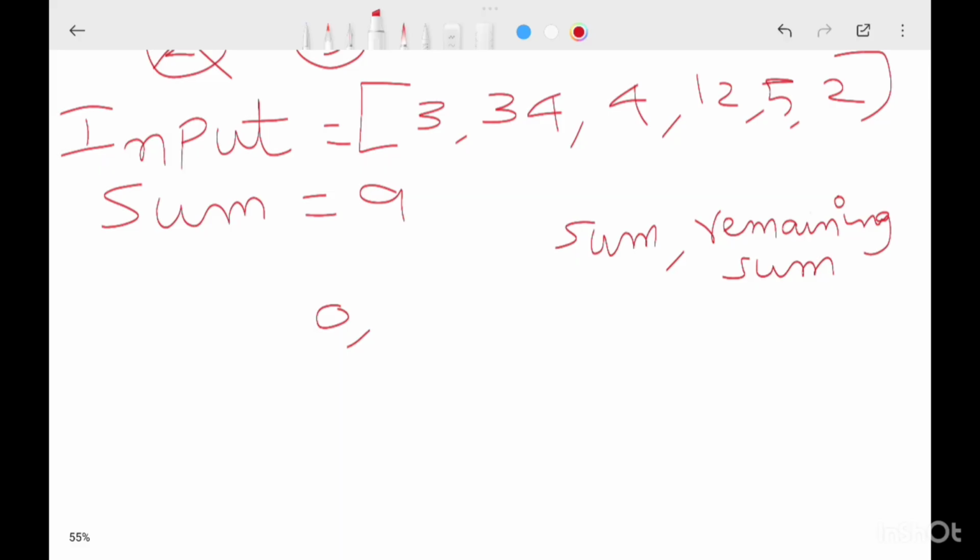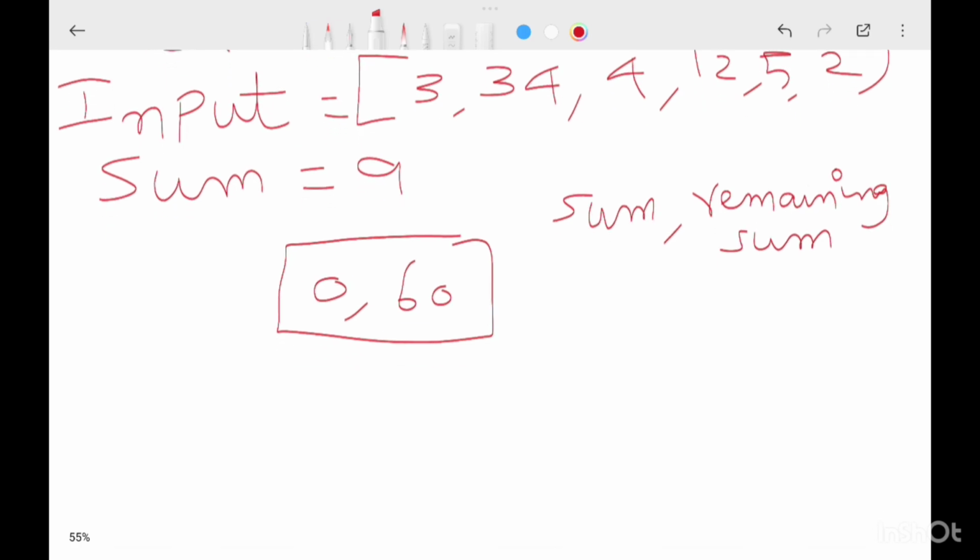So it is the sum of all the elements in the given input, that is 3, 37, 41, 51, 53, 58, 60. So 60 is the remaining sum. So this is our initial state: the sum is 0 and the remaining sum is 60.